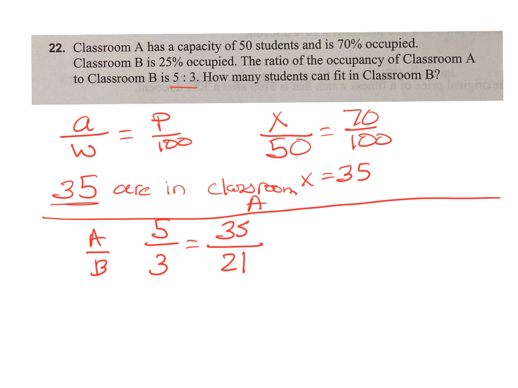So B has 21 students. But we want to know how many can fit in classroom B. So we know with 21 students, it's 25% occupied. So we could just say 25 to 100% is times 4. So it's going to be 84 students.